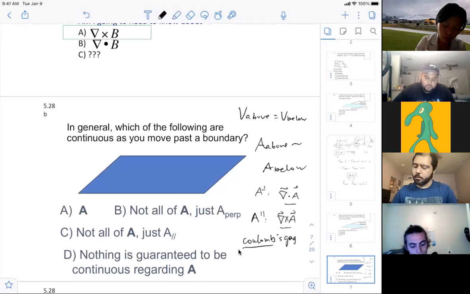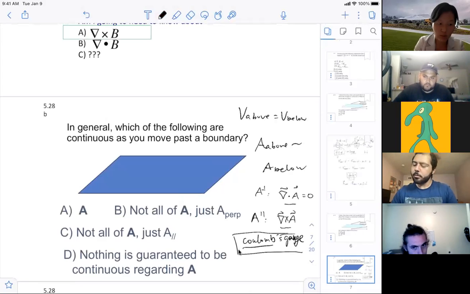You have total freedom of your gauge choice, and we're just going to do Coulomb's gauge. The divergence of A is 0 here. So that's just some hint. I'll let you go ahead and have a discussion, and then we can work on it together.